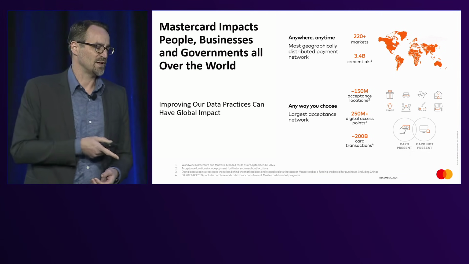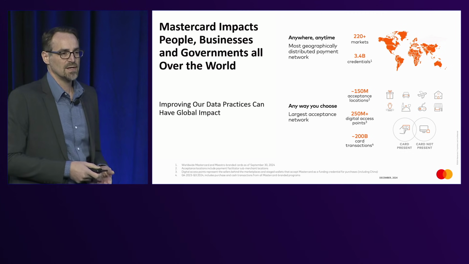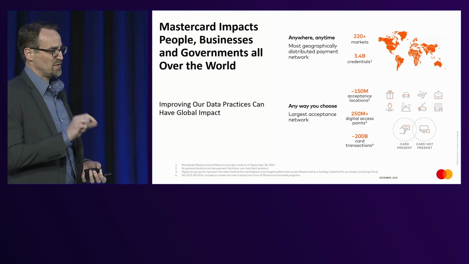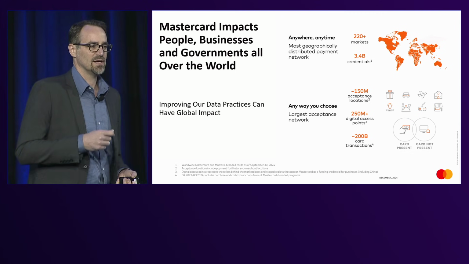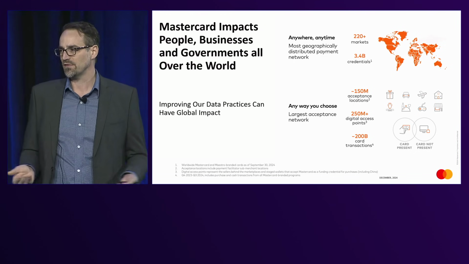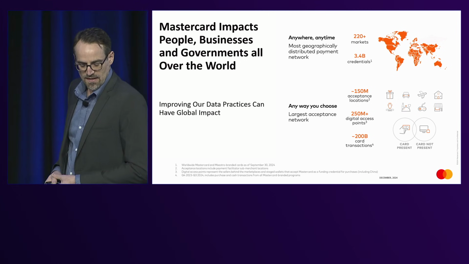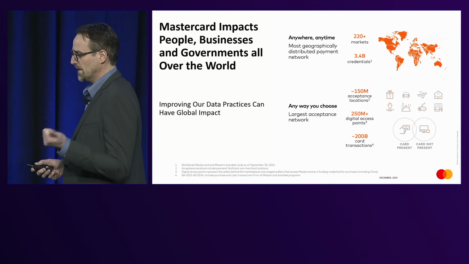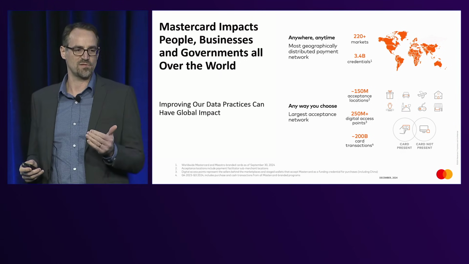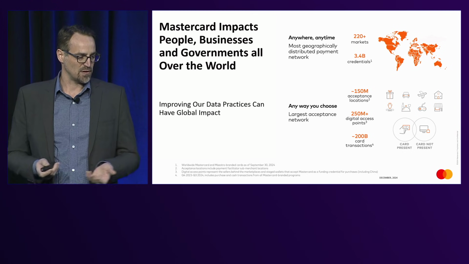But the other reason is because we really work hard to prevent fraud and to stop it before it spreads. And if we didn't do that, then it would cost a lot of money to banks and merchants, and they would eventually pass it down to you guys. So obviously, nobody wants that. So it's really important that we stay at the forefront of data and AI so we can prevent fraud.